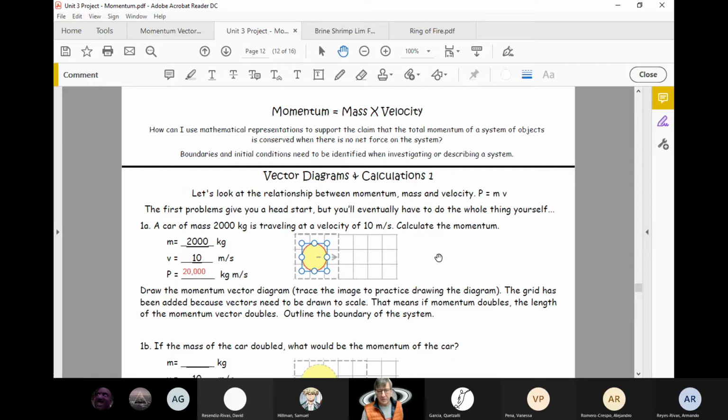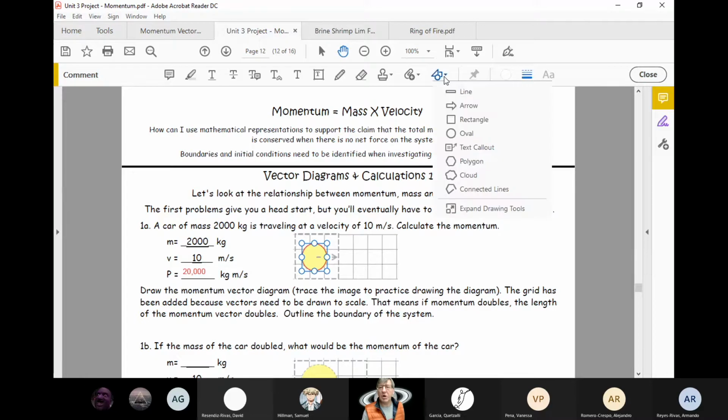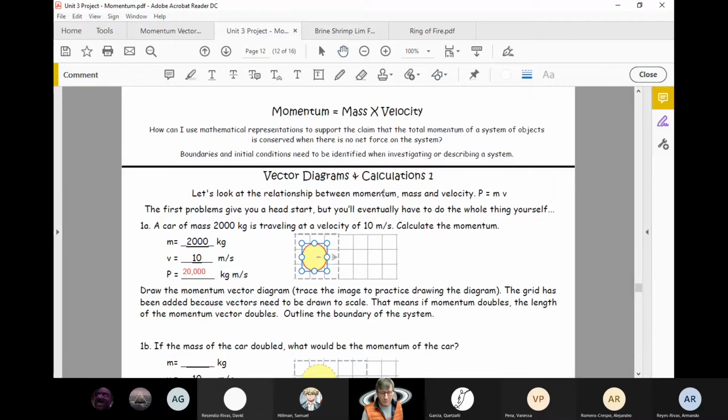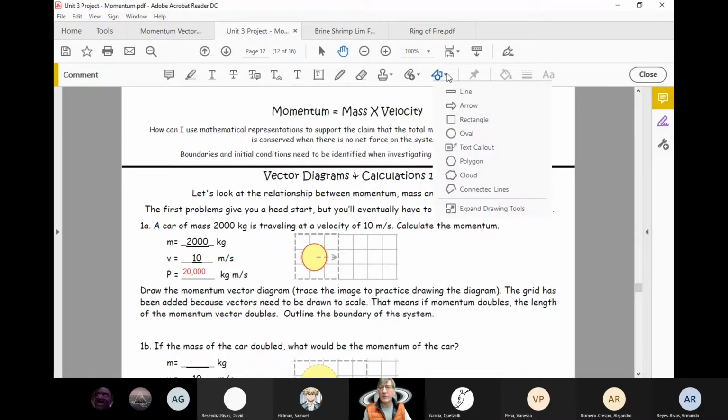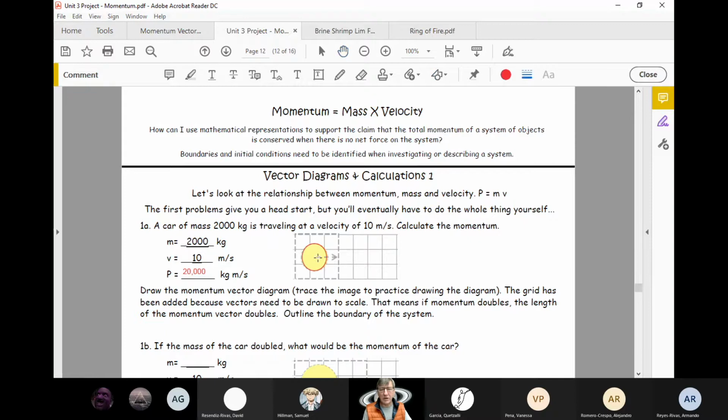Then we want to show an arrow because the car is moving in this direction at 10 meters per second. So we're going to put an arrow in that vector diagram.